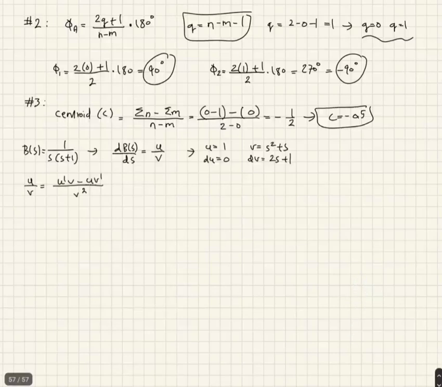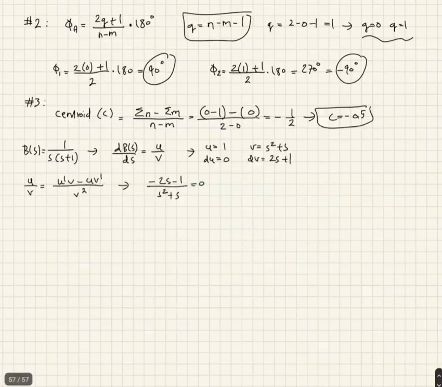And so we already know our u prime, v prime. Now we're just going to write it down, okay? So u prime is 0, 0 times something is 0, and then minus u is 1, v prime is 2s plus 1, okay, because minus becomes minus, over v squared, s squared plus s, equals 0.